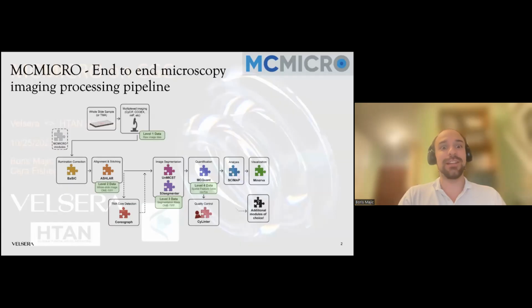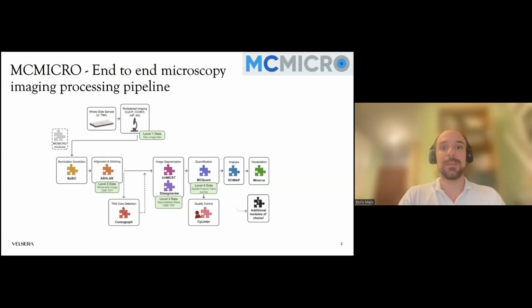So Cera already gave a great description of what MCMICRO is. It is important to highlight that this is an end-to-end microscopy image processing pipeline, which means that you can start with raw data and finish with visualizations and quantifications, and basically, as Cera said, publication-ready graphs.